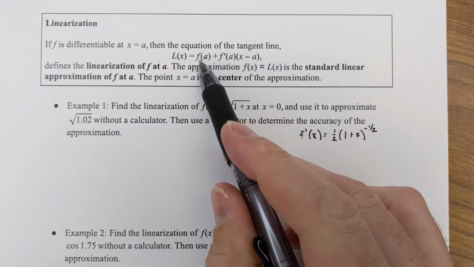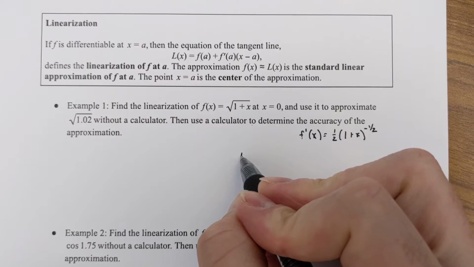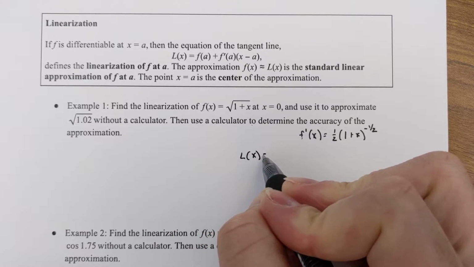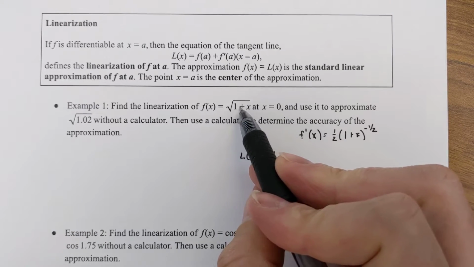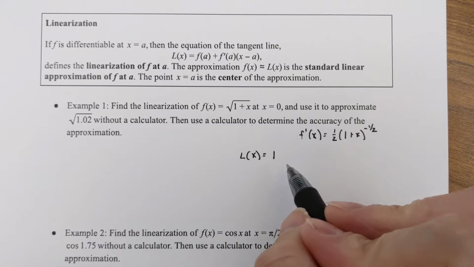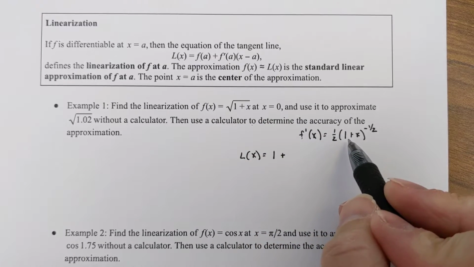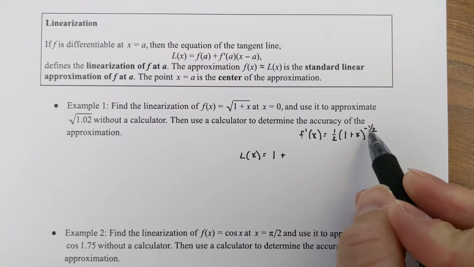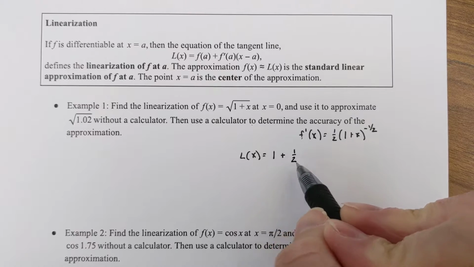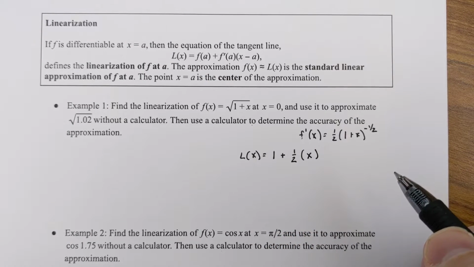To build our equation, we need f of a, which we get by plugging 0 into the original equation. So L of x, f of a is going to be 1. If we plug 0 in here, 1 plus 0 is 1, square root of 1 is 1. Plus, then I plug 0 into my derivative. 1 plus 0 is 1, 1 to the negative half is 1, 1 times a half, so this part is all just 1/2. And then I have x minus 0, or just x.